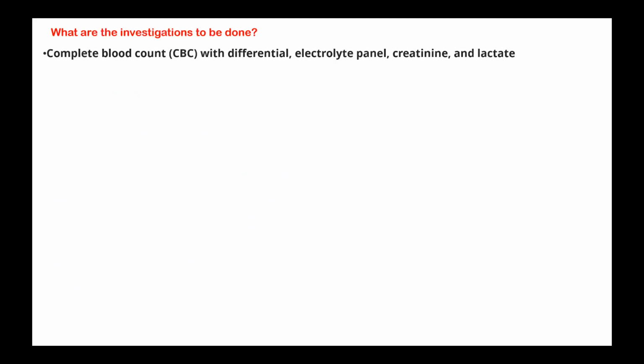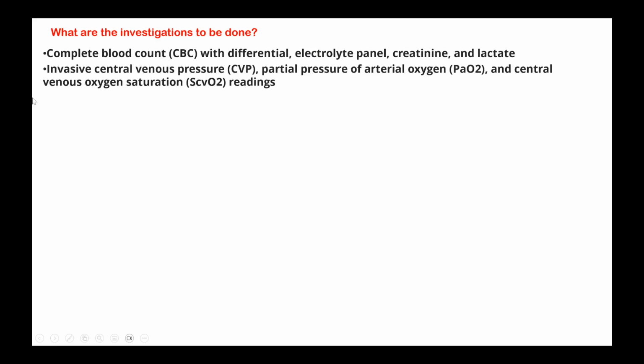So what are the investigations to be done? CBC with a differential count will usually show an increase in WBC count, total count, and electrolyte imbalance may happen. And if the kidney is already under low perfusion, you may have a raised creatinine, urea, and all that.